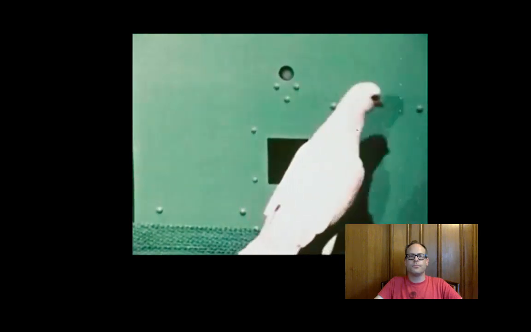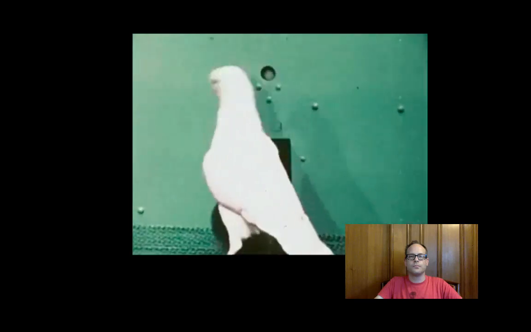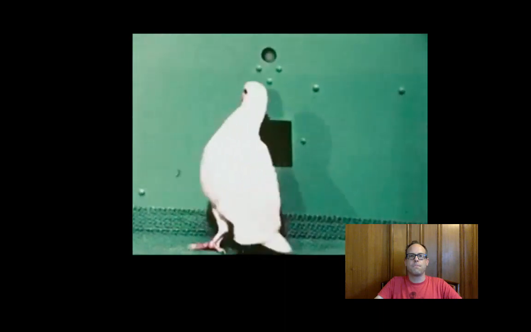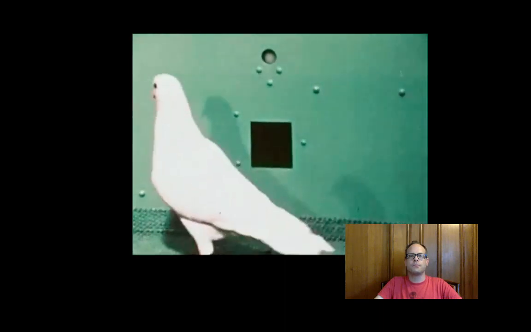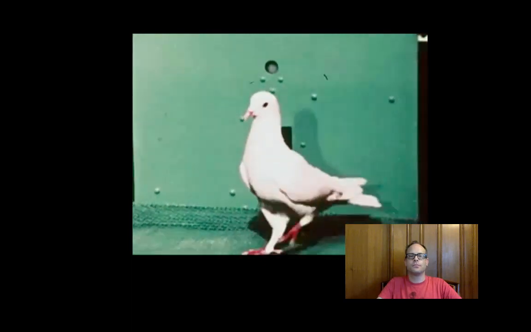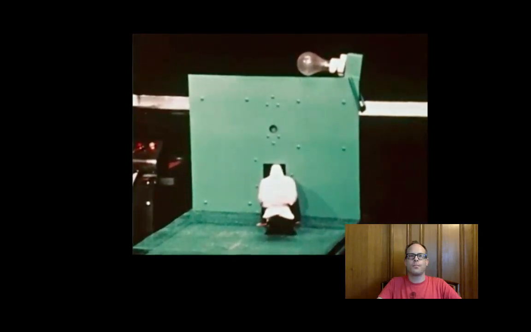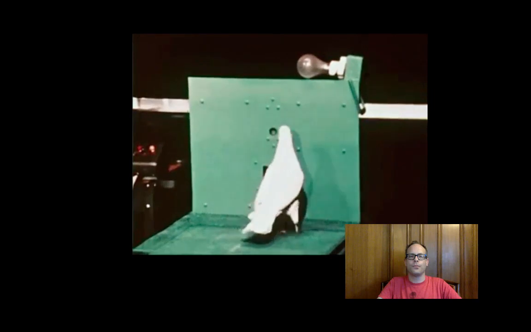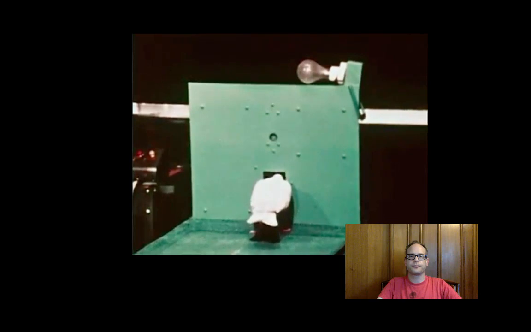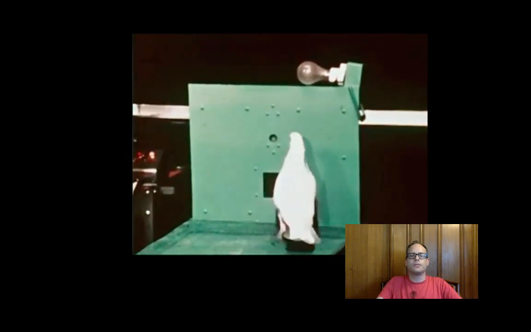Suppose I shape up the behavior of making a complete turn. What I do is simply, as I did then, to wait for some part of that behavior. There's more of it, you see. You see the effect is instantaneous. I'm waiting for it to turn counterclockwise now. And then I reinforce that movement. I wait for a more pronounced movement than that. It's got to be more than that.